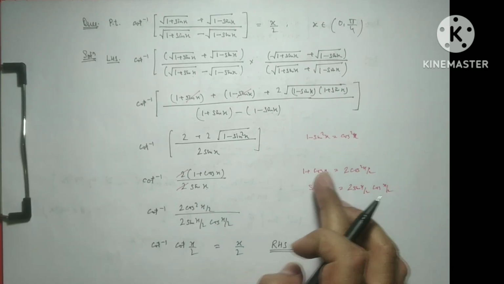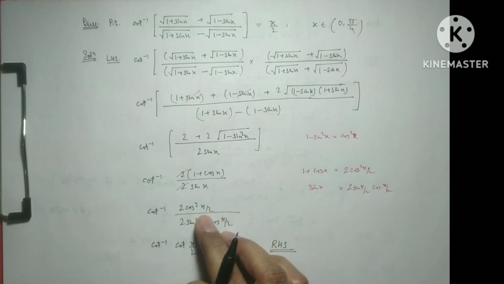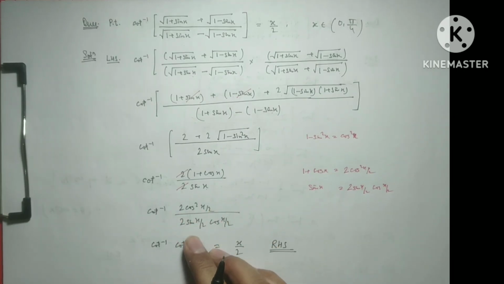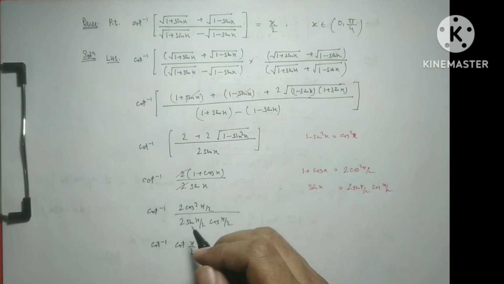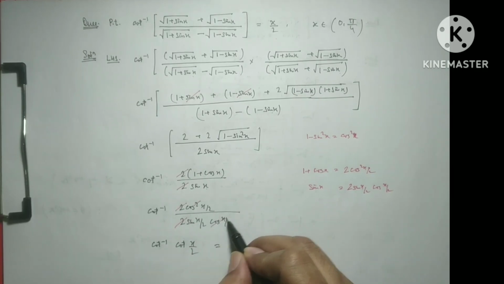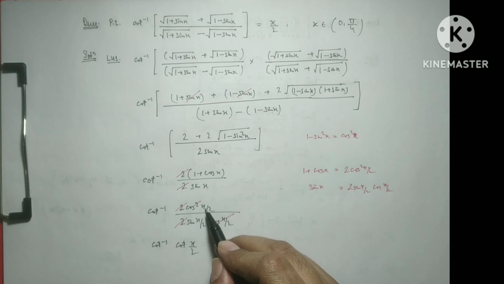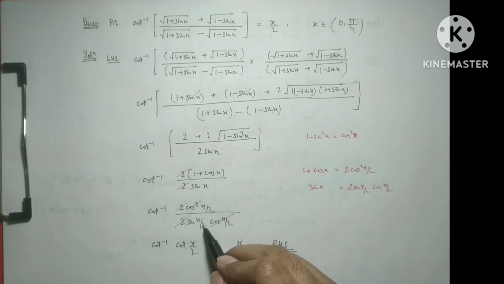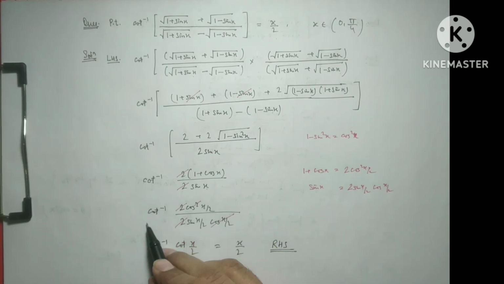So we put these two conversions: 2 cos square x by 2 divided by 2 sin x by 2 cos x by 2. So cancel these 2 and square with cos x by 2. Right now you have cos x by 2 and sin x by 2, and outer we have cot inverse. So this is cot inverse and this is cot x by 2.